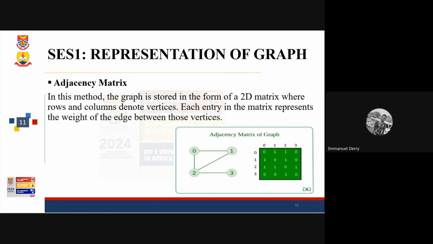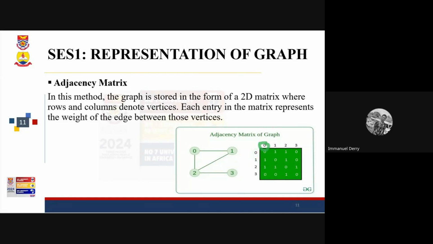As I was saying, we are building the 2D matrix. How we build it is that we set up rows using the vertices and columns using the vertices. When we are done, we check to see if there are any edges connecting the various vertices that we have. So we have vertex 0 and then vertex 0.